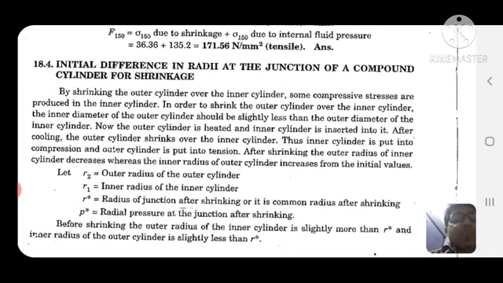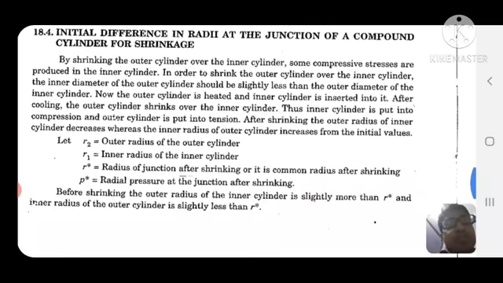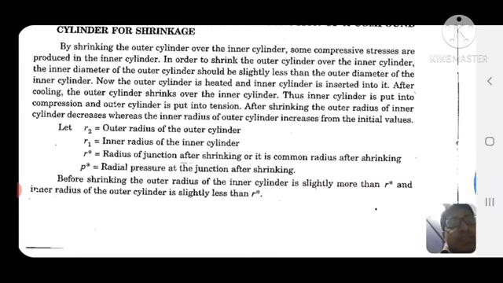Actually, initial difference in radii at the junction of the compound cylinder for shrinkage. By shrinking the outer cylinder over the inner cylinder, some compressive stresses are produced in the inner cylinder. In order to shrink the outer cylinder over the inner cylinder, the inner diameter of the outer cylinder should be slightly less than the outer diameter of the inner cylinder.